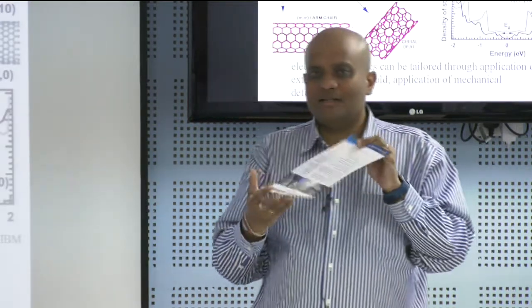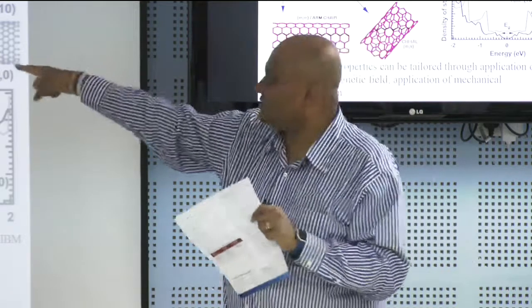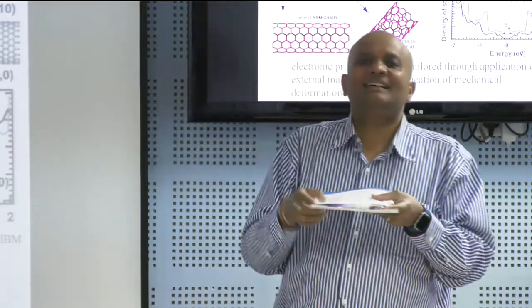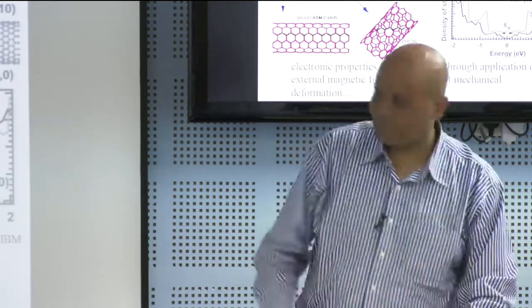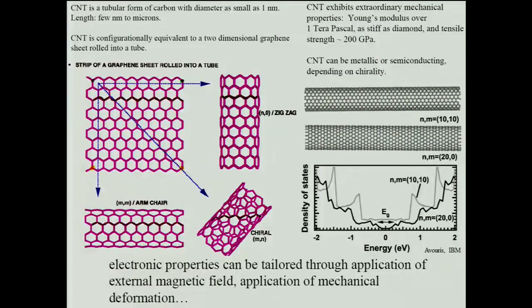Why? Because all these are hexagons with carbon atoms. Each of these has pi electrons, so right over here this way, this way, this way are the pi electrons which are sticking out.